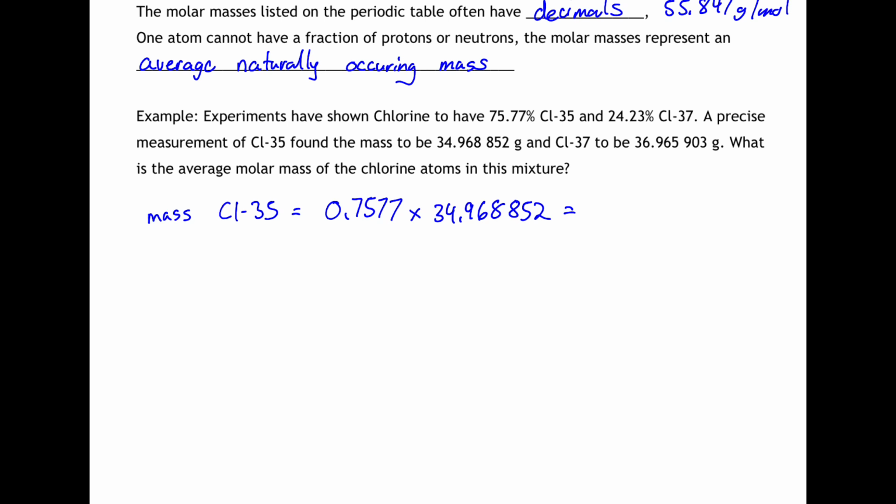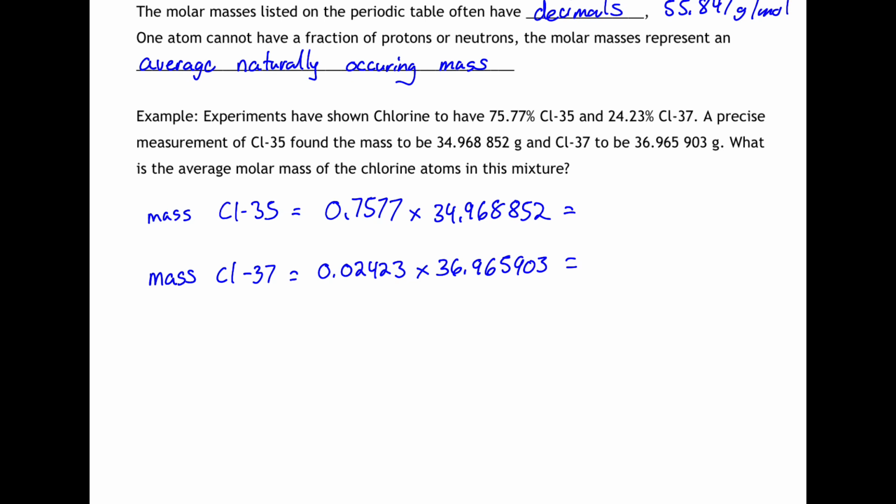And we're going to do the same thing for the other mass. Cl37, 0.02423 times 36.96593. So many decimals.